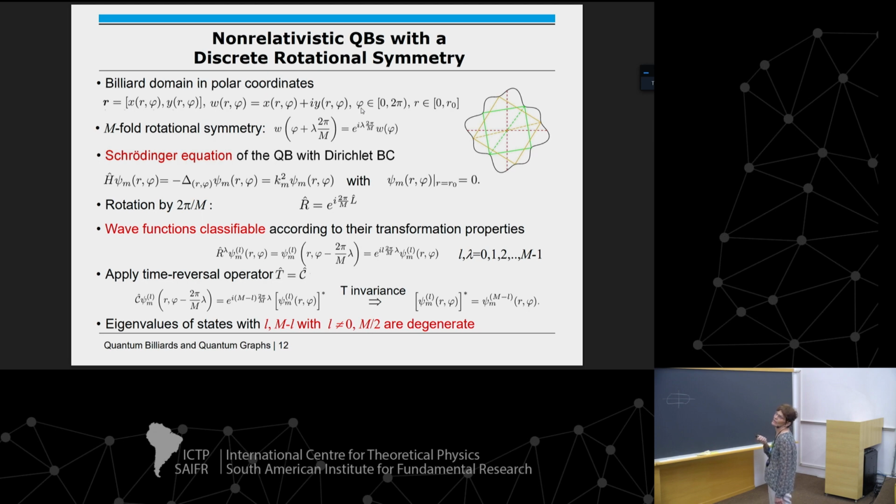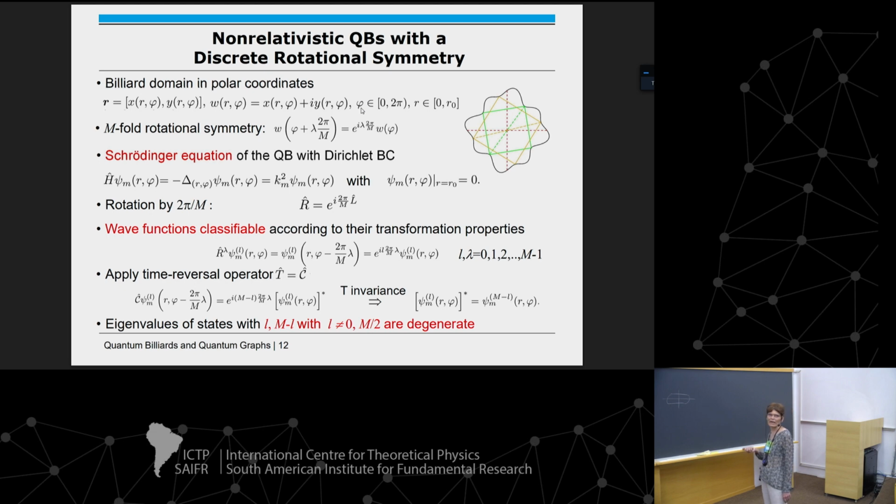So what does it now mean? Classifying the wave function means that if you apply the rotation operator to the coordinates, then you get the wave function at r and phi minus 2 pi over m times lambda. You can see this by just inserting the angular momentum operator, and then you see that this is equal to psi m l of r, phi minus 2 pi over m times lambda.